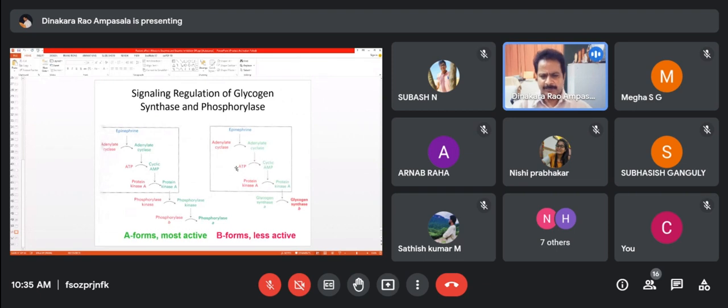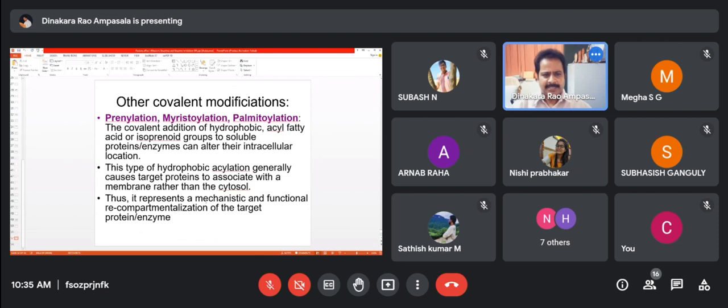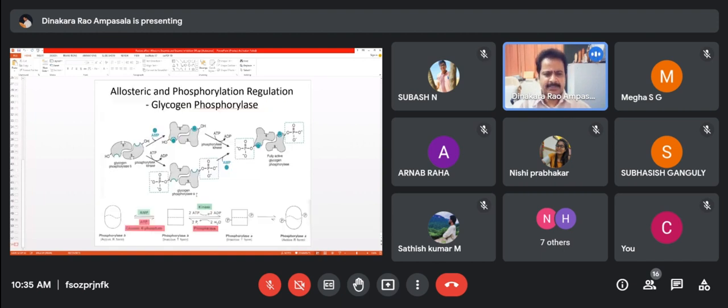Phosphorylation leads to activation of the protein, and removal of the phosphate leads to inactivation. Sometimes phosphorylation leads to inactivation, and removal of the phosphate leads to activation. You will see this kind of activity in different pathways, which we are going to see later in metabolic pathways. Other modifications, prenylation, methylation, and palmitylation, which are covalent attachments to these proteins, also lead to activation of the protein. Glycosylation is also one type of modification leading to activation.